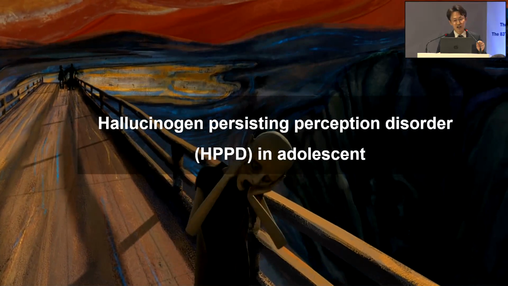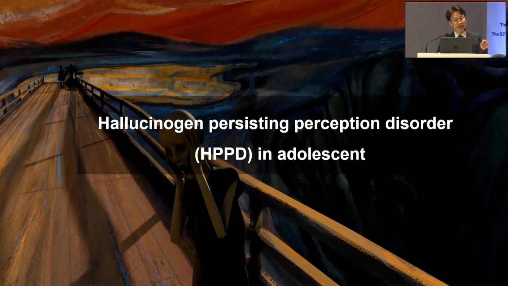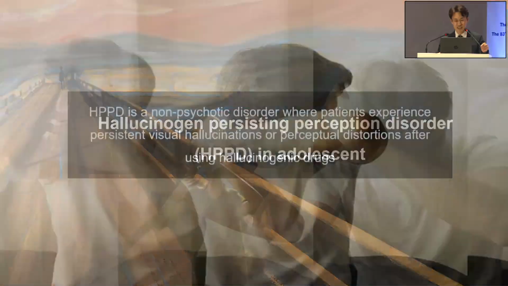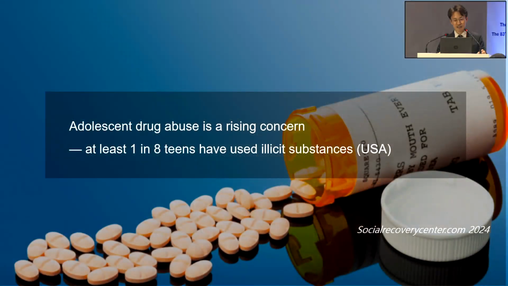Finally, let's talk about hallucinogen persisting perception disorder, named HPPD, in adolescents. HPPD is a non-psychotic disorder where patients experience persistent visual hallucinations or perceptual distortion after using hallucinogenic drugs. Adolescent drug abuse is a rising concern, even in South Korea.